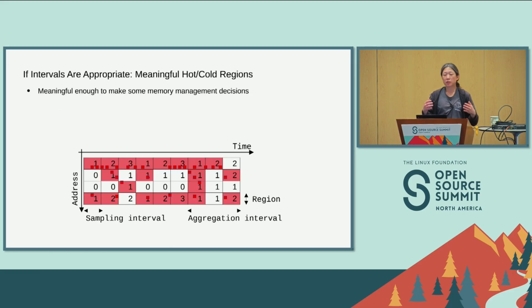Let's see why the intervals are important and why mistuning of those can be problematic. If intervals are appropriate, we can show some meaningful pictures from the monitoring results like this. This is the same as what we have shown at the beginning, a fixed granularity time-space monitoring with access frequency.